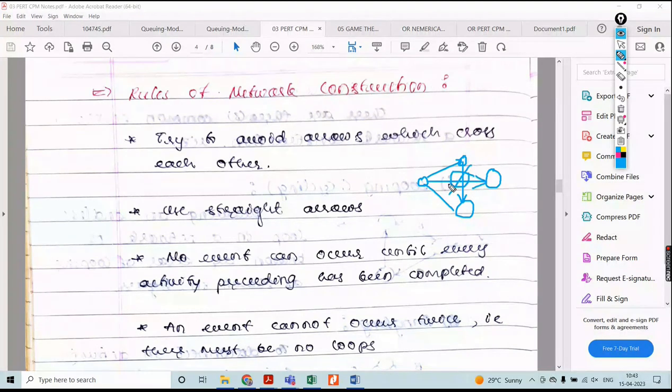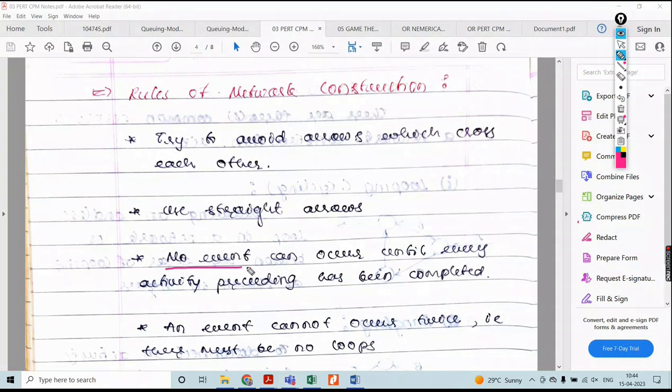The crossing you should avoid, one over another. Okay, use straight arrows. Don't make an overlap on the flow of the signal from one end to another end. Keep this in mind. There should not be any overlapping of the elements.